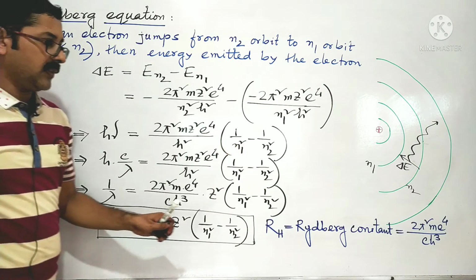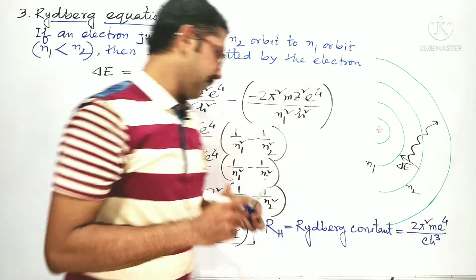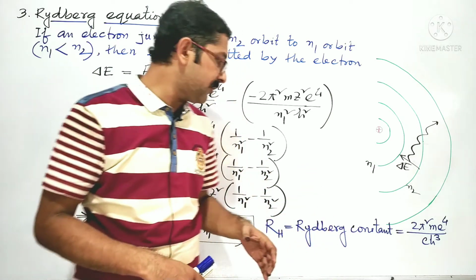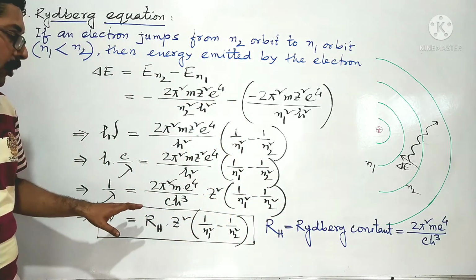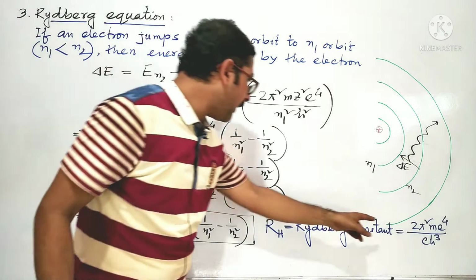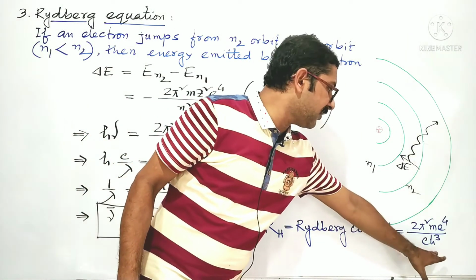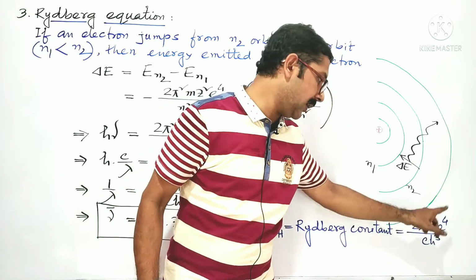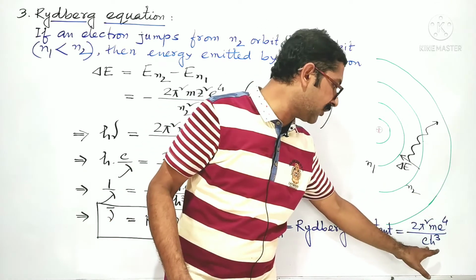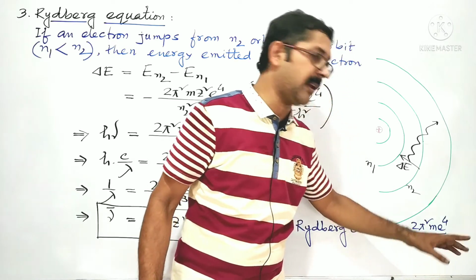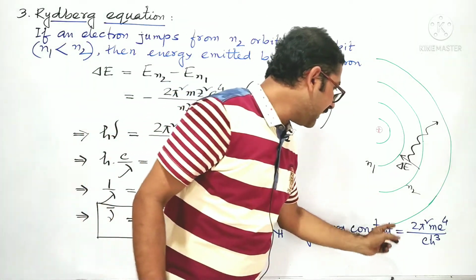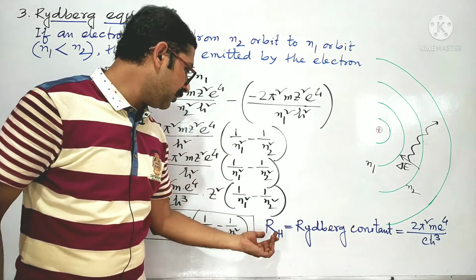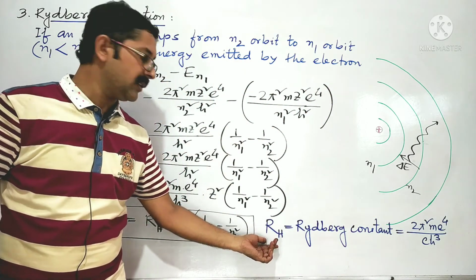Now this Rydberg constant has two different values. Look, in 2 pi square m e to the power 4 by c h cube, all the terms are constants. M is the mass of the electron, e is the charge of the electron, c is the velocity of light, and h is Planck's constant. So if we put all the values of these terms here, we will get the value of the Rydberg constant.